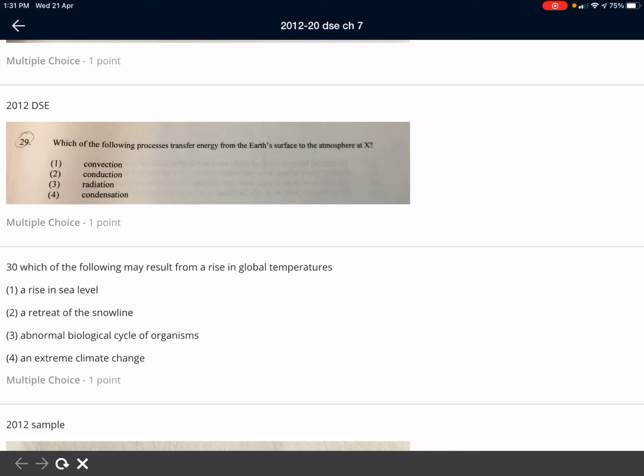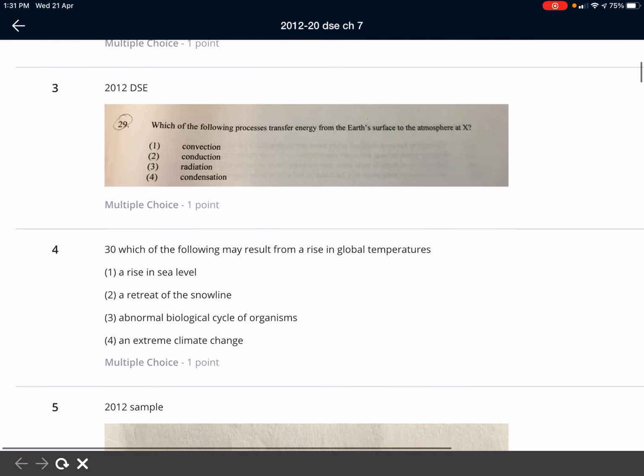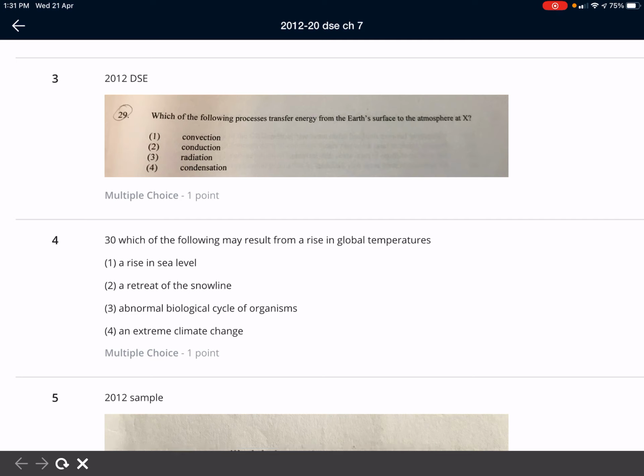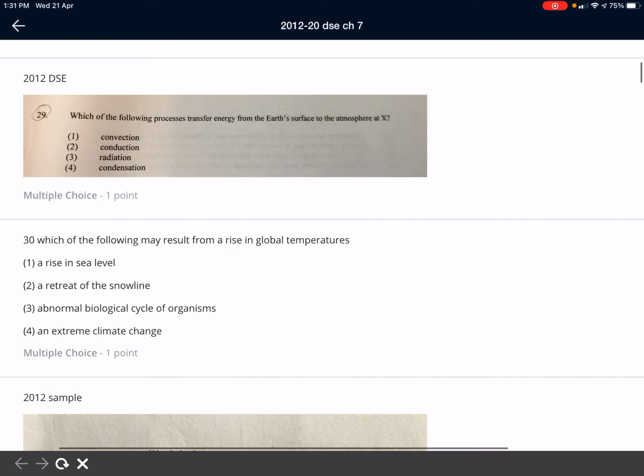Okay, number 4, which of the following may result in a rise of global temperature? First of all, rise in sea level. True, okay? Retreat of snow line, isn't it? Yes. Abnormal biological cycle of organisms, also true.